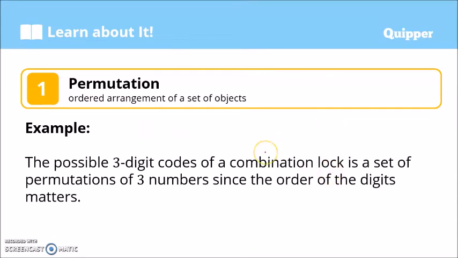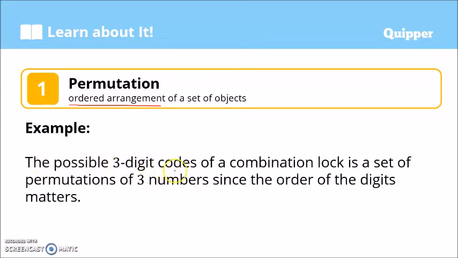So, review lang natin yung permutation. It is an ordered arrangement of a set of objects. Ordered arrangement. Ibig sabihin, yung order ng objects ay important. Yung pagkakasunod-sunod ng mga objects na i-arrange natin is very important.